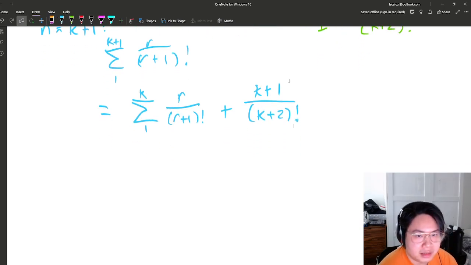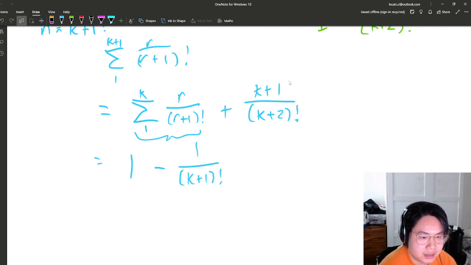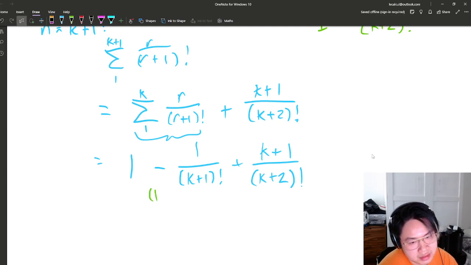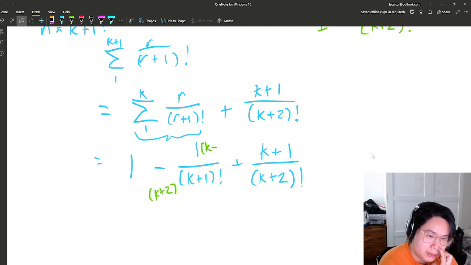Okay, and then my assumption is right here. So I know that this is 1 minus 1 over k plus 1 factorial, like that. And then we're basically done. I just have to add these two terms. So first off, I need a common denominator. So this is where I need to multiply this by k plus 2.